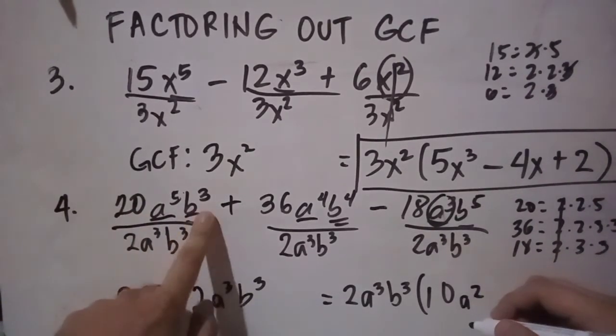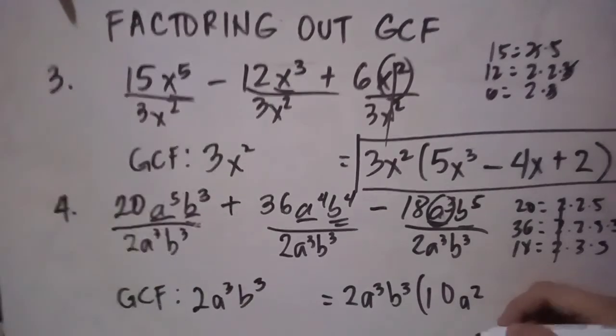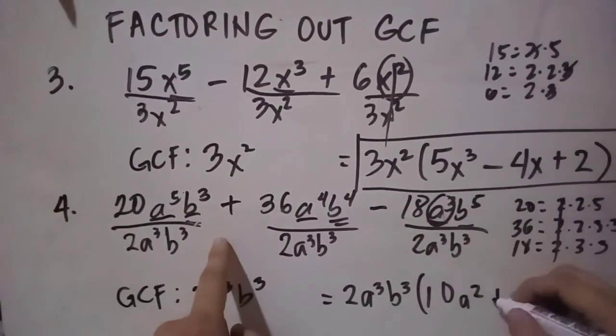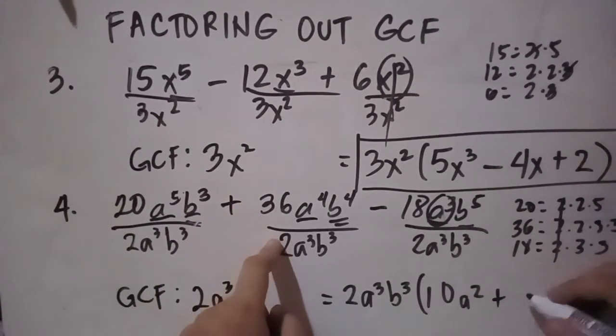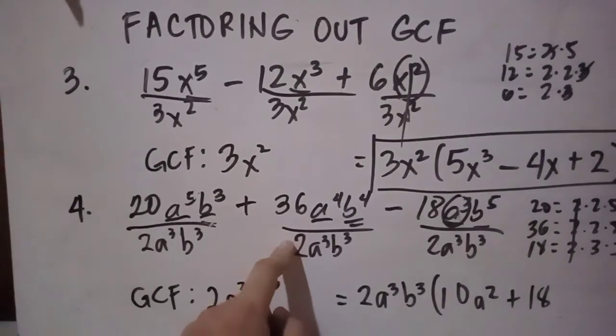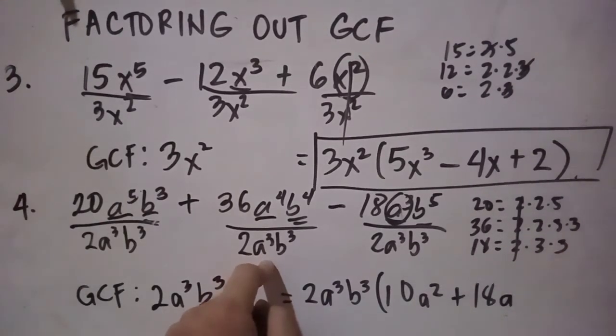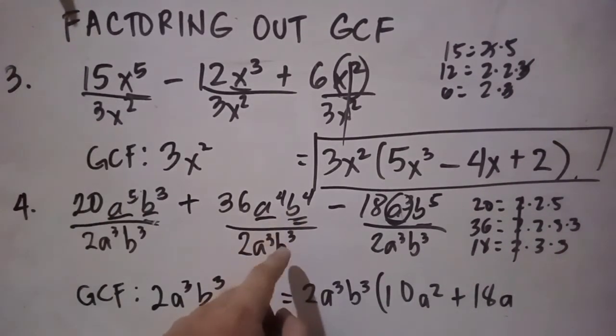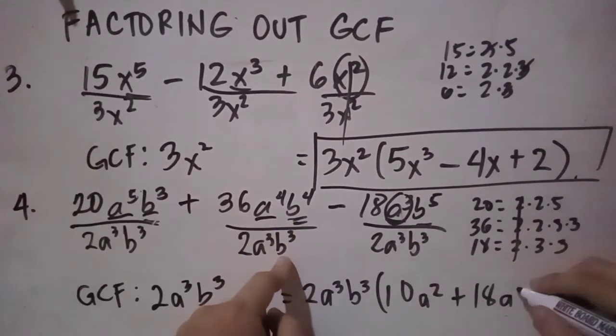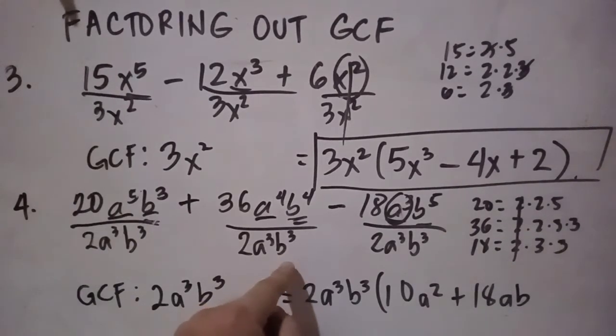Then, b cube divided by b cube, wala na yan. 1 na yan. Plus, 36 divided by 2 is 18. A to the 4th divided by a cube, that is a na lang. Then, b to the 4th divided by b cube, b. Isa na lang natira sa b.